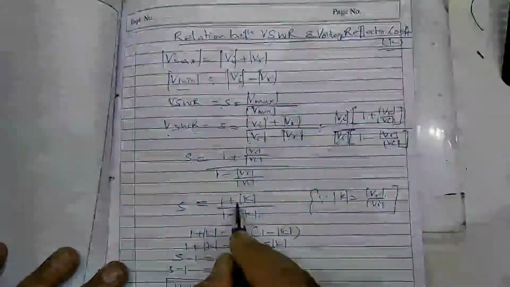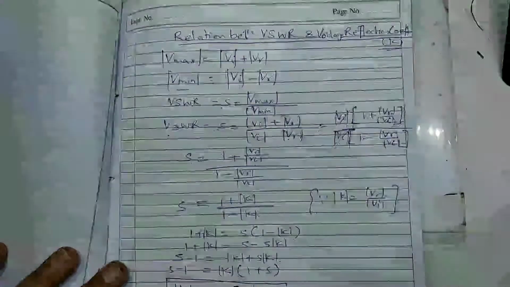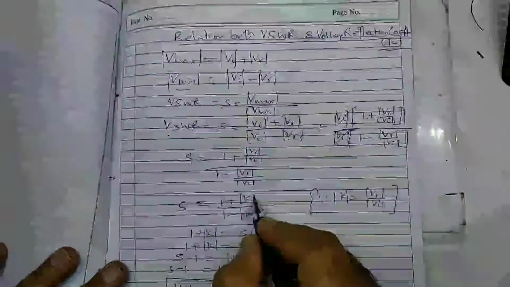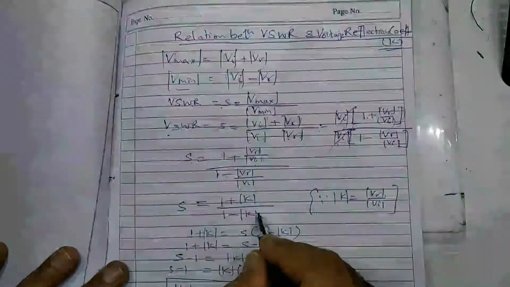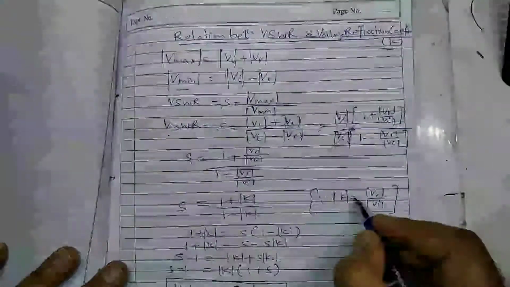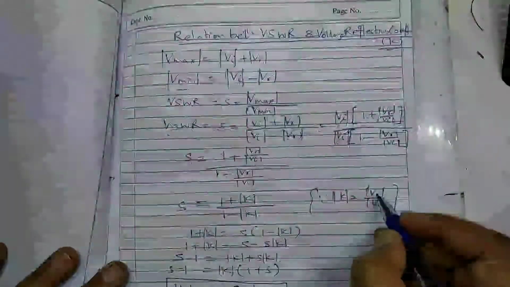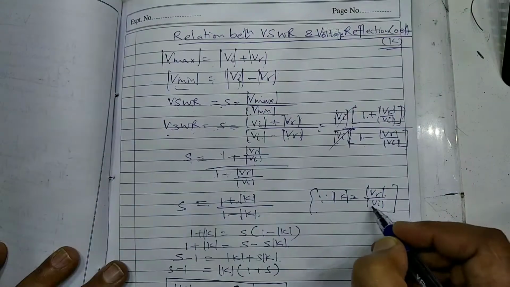So S is equal to (1 plus K) divided by (1 minus K), where the amplitude of K is equal to the magnitude of Vr upon Vi.